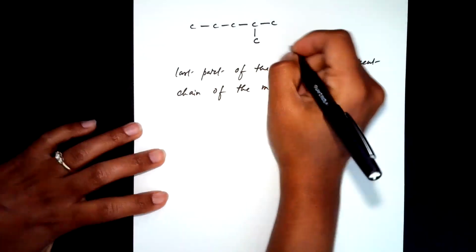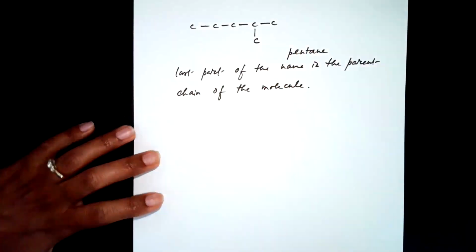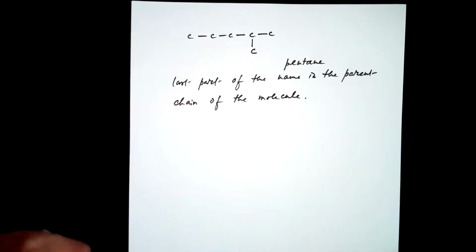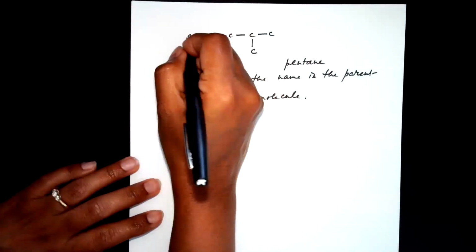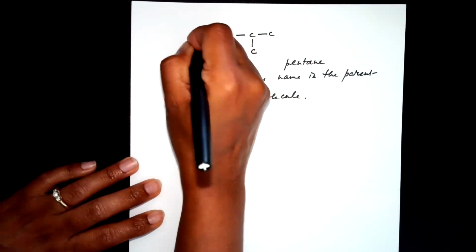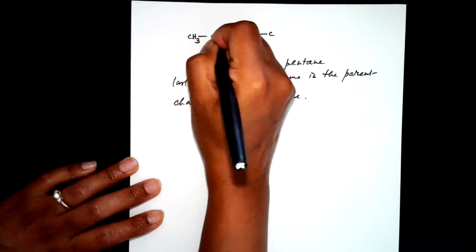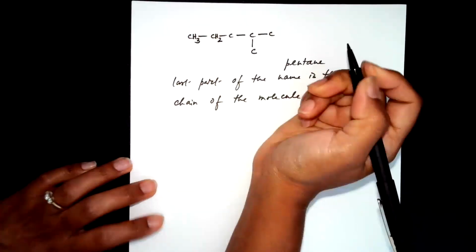So the name here would end in pentane, and I would come back and fill out the first part of the name in a second. Now I know this carbon already has 1 bond, so it must have 3 other hydrogens. I know this carbon has 2 bonds already, so it must have 2 other hydrogens.